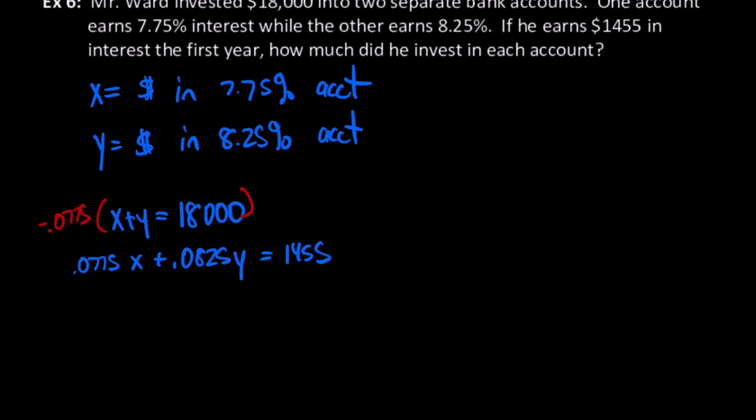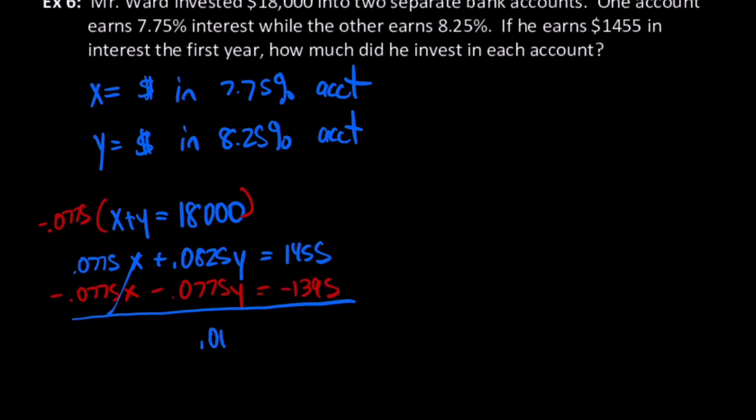So that gives me negative 0.0775x minus 0.0775y equals negative 1395. Now, obviously, the x's cancel. What I have left with the y's is 0.005y. And over here, I have 60. Divide by 0.005, and y ends up being 12,000.